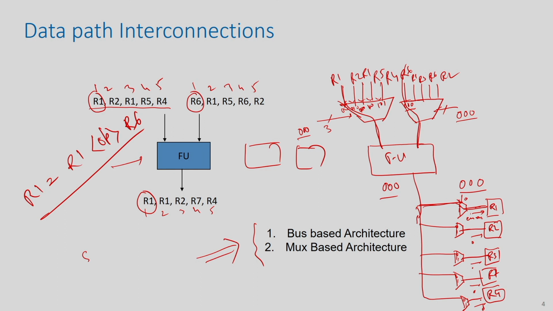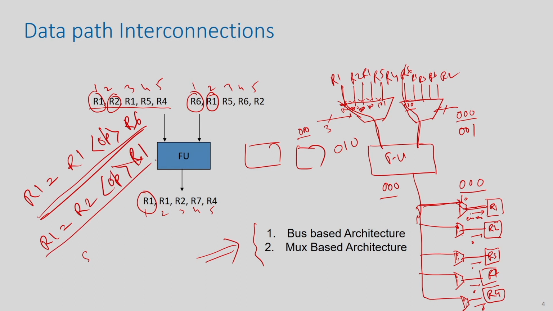If you do this, the register operation will do R1 equal to R1 operation R6, which is the expected operation. In timestamp 1 you should give 0 1 0 here, sorry, this will be 0 0 1, you understand that, and here you have to give 0 and others will be 0. If you give that, it will do R1 equal to R2 plus R1, so R2 operator R1.